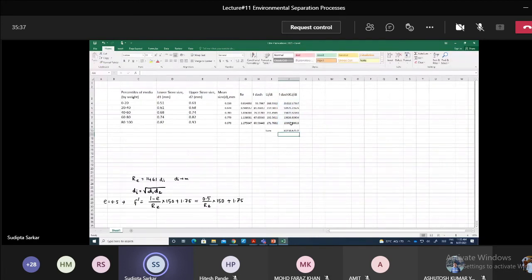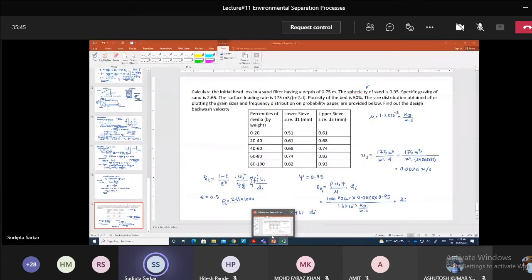Okay, so this is what you get. Now what we actually got from here is sigma of Fi Li by Di. This is what we got.